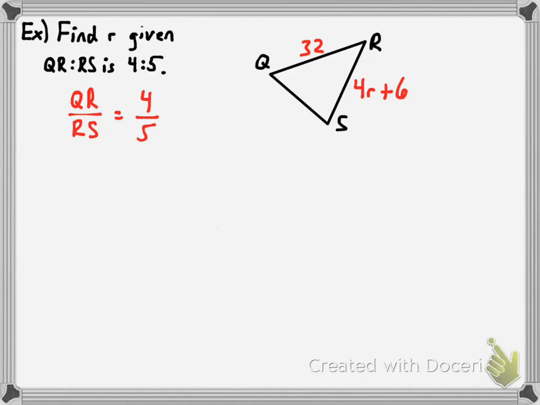And then we can simply substitute. The distance for QR is 32. The distance for RS is 4r plus 6. Set that equal to 4 over 5. See if you can pause the video right now and solve that proportion. No doubt that you can. And then just unpause in a moment to see that you got it right.